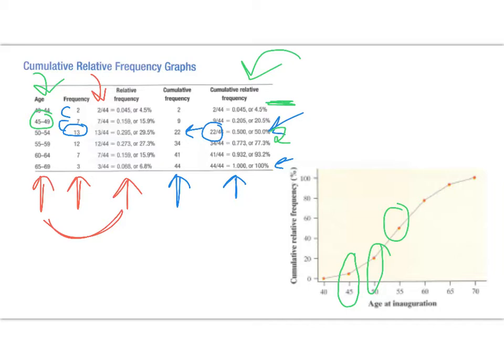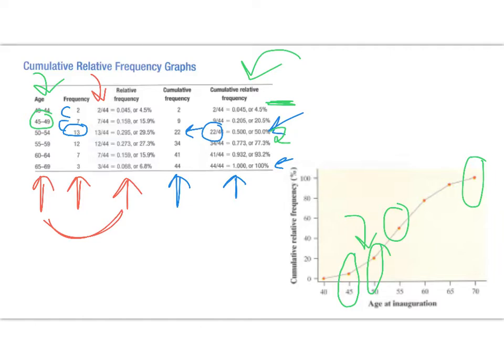And so what that tells me is that 50% of the presidents were inaugurated before they were 55 years old. Right here, it tells me that 20.5% were inaugurated before they were 50 years old. When I come up here, finally, and I get my 100, because I reach 100% at 65 to 69, I put my 100 there at 70, so I know that 100% of presidents have been inaugurated before they were 70 years old.